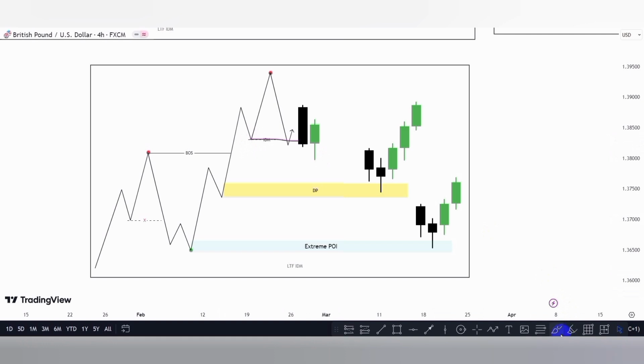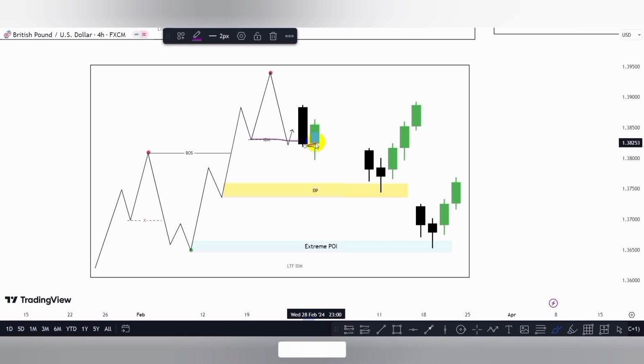But then what you're going to see now, we have the next candle open and then price pushed to the downside, but then we have price pushed to the upside and then closed above the weak low of this previous candle. So you can see price closed above the weak low of this previous candle.